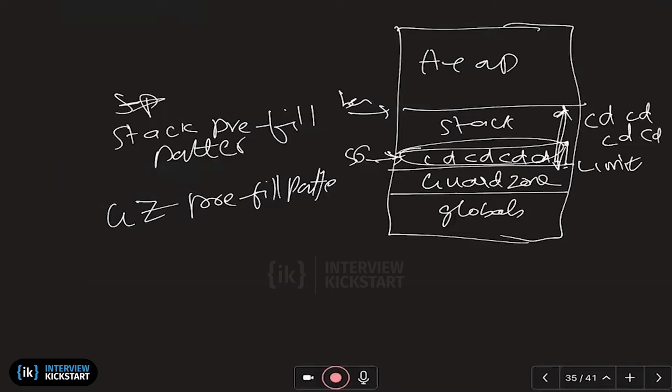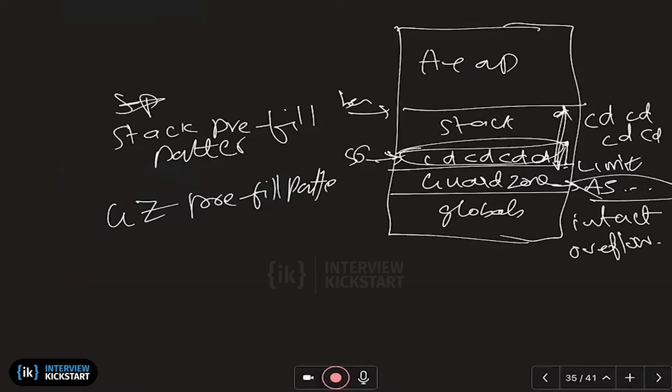So that is as far as the stack pre-fill pattern is concerned. Now you can also put a pattern in the GodZone, something like A5, a unique pattern, and then see if those unique patterns are intact. If they are not intact, that means overflow has happened.